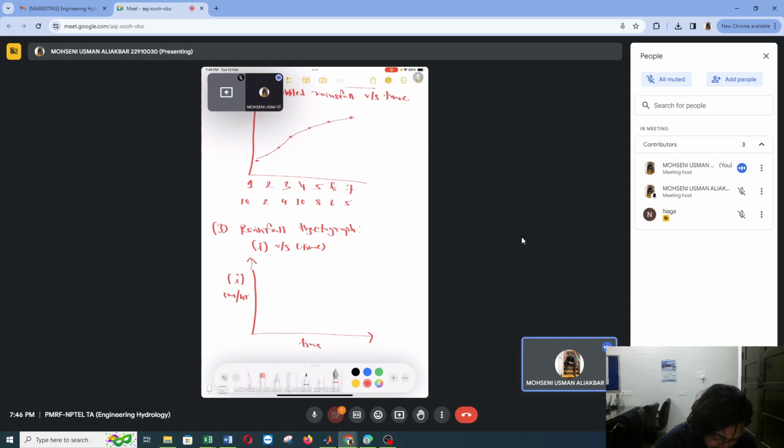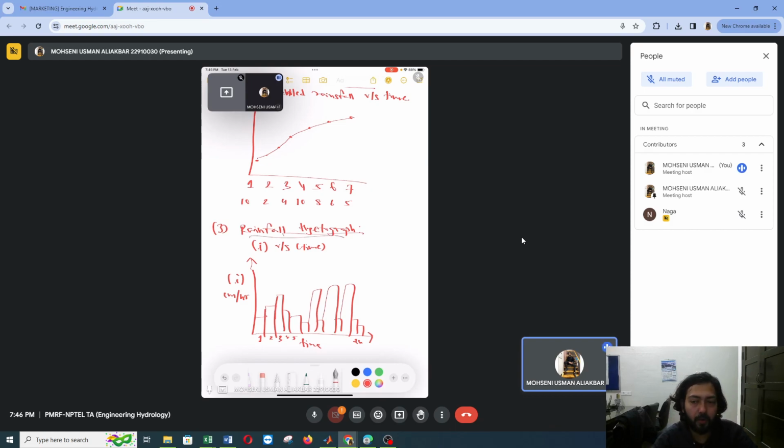Time here I have kept as hours, so it could be a 24-hour duration, 1, 2, 3, 4, 5 till 24 for one complete day. It would look something like this, depending upon the values. The only thing that changes here is we are plotting intensity of rainfall versus time.